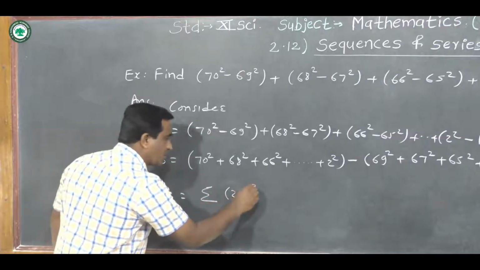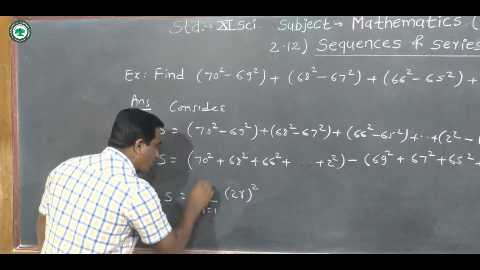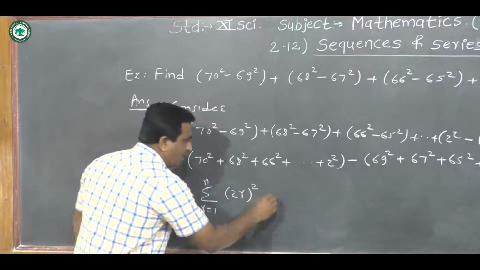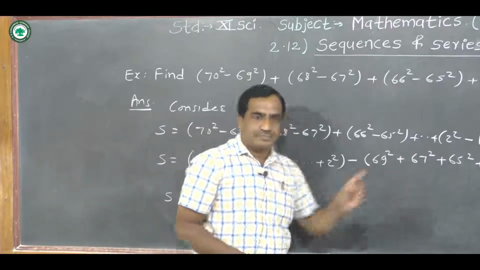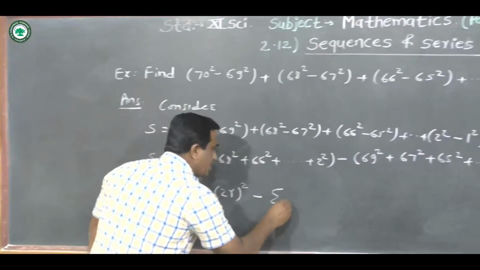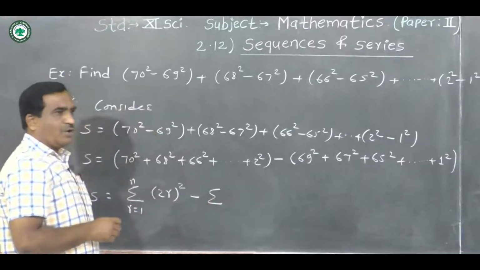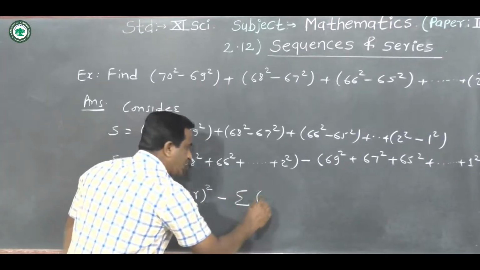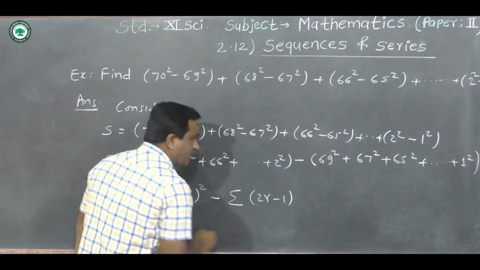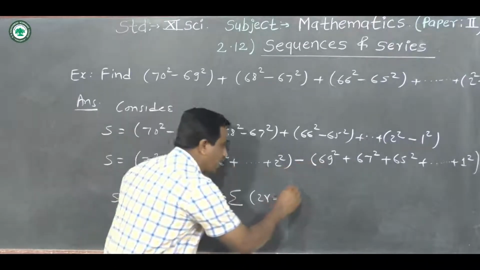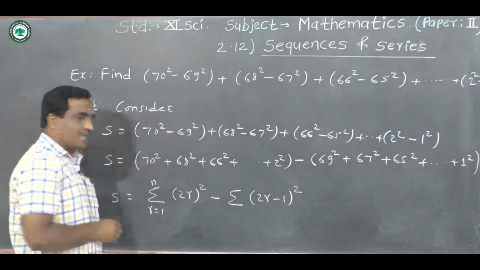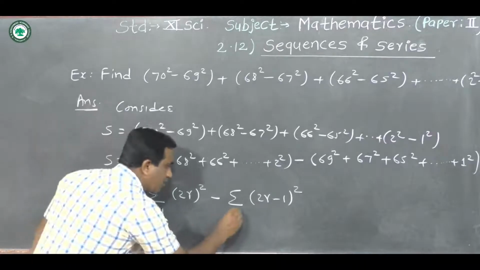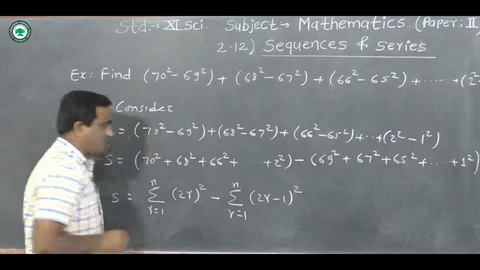Therefore summation of 2r square, r goes from 1 to n, minus, we can write this sum again in summation form. Summation, an odd number is denoted by 2r minus 1. Here is a square, therefore we take the square: 2r minus 1 bracket square, r goes from 1 to n.